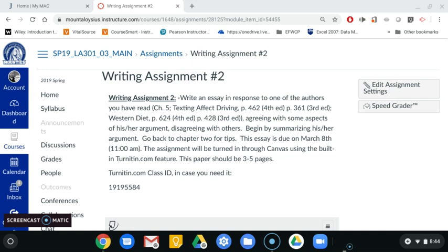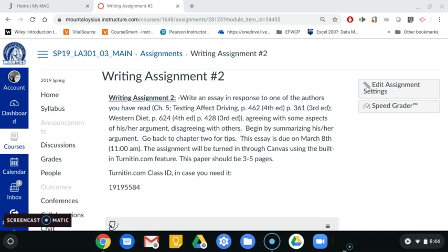Okay. So again, if you choose Cullington, if you have an interest in texting and how it affects writing, choose Cullington. Summarize the work, incorporate some agreements and some disagreements. That's one option. The other option is Pollan's piece on the Western diet, and you'll do the same thing.